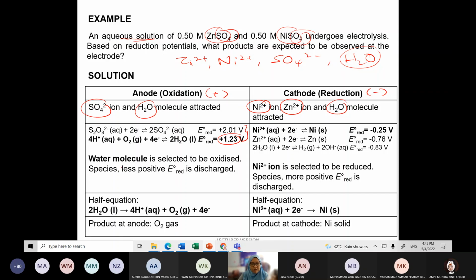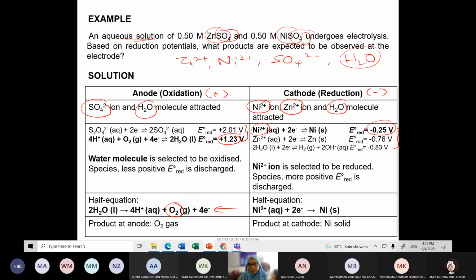Water undergoing oxidation produces O2. This is the equation. On the other hand, for the cathode we compare reduction, so we choose the one with the more positive value. Between these three, the one with the more positive value is nickel.